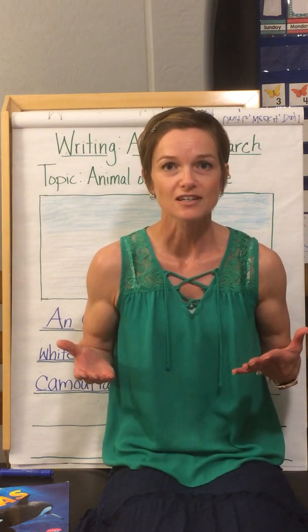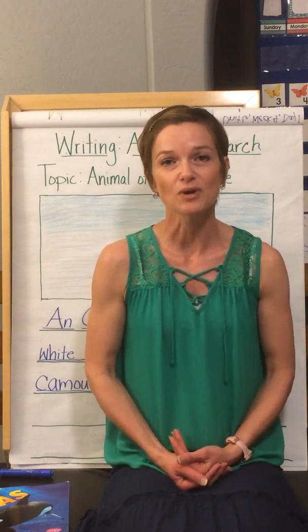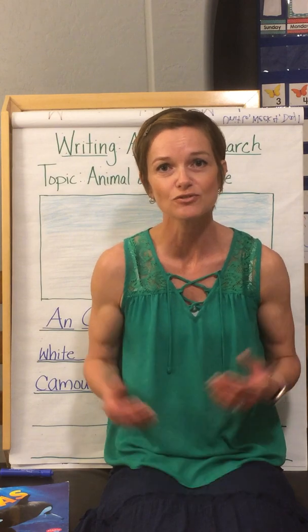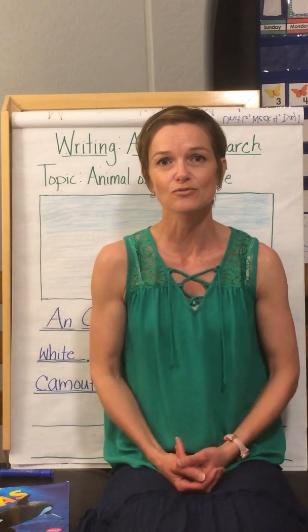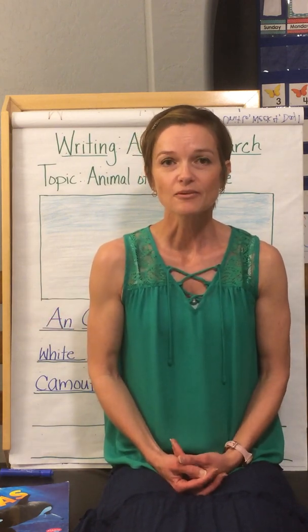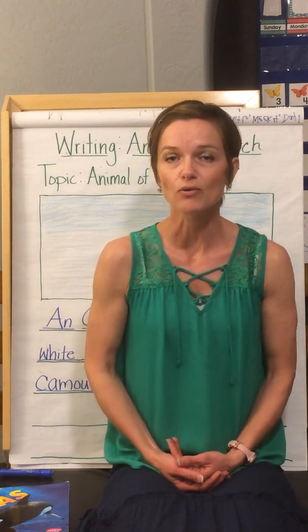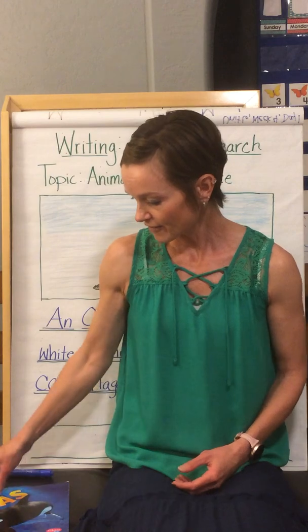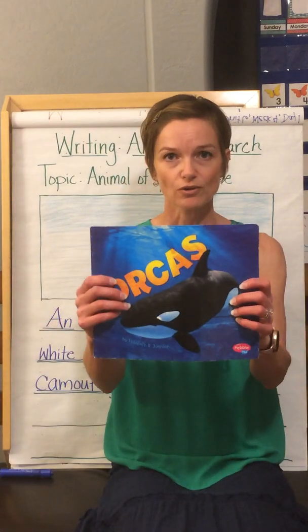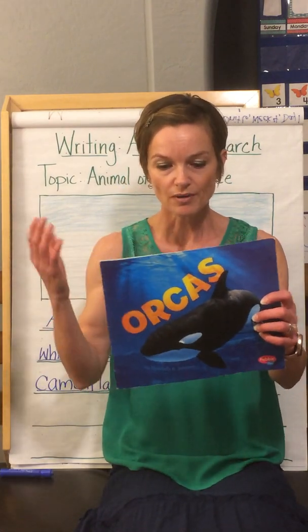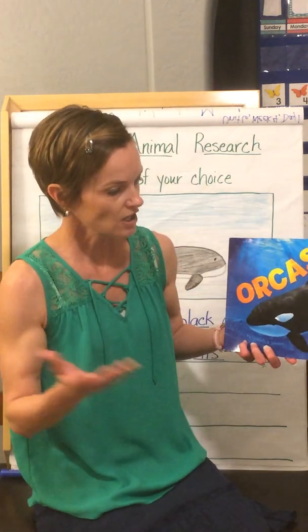I was so excited to see your writing examples last week. You guys are doing such a great job with your writing. So what I'm going to do is continue writing about orcas. I have my book on orcas, and I want to refresh what I was learning.